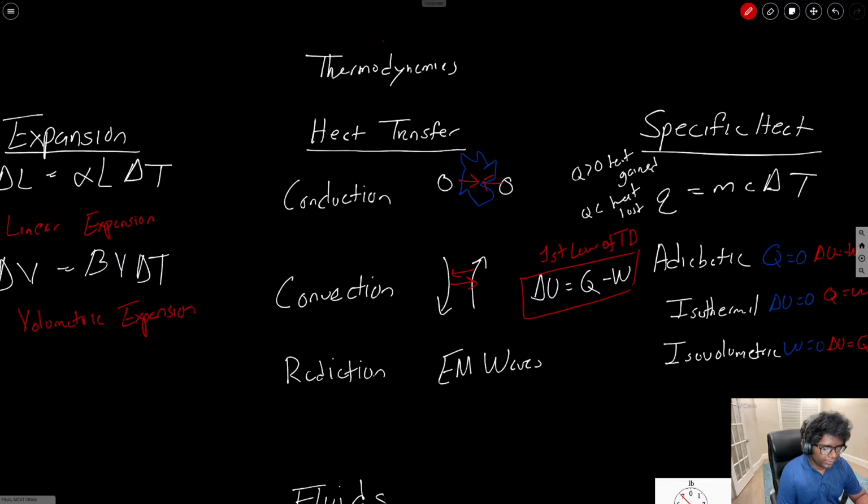Second law of thermodynamics is basically just saying that the entropy is always increasing. Third law is when the entropy of a perfect crystal is 0. That's basically it. Not really much else I can say about thermodynamics.